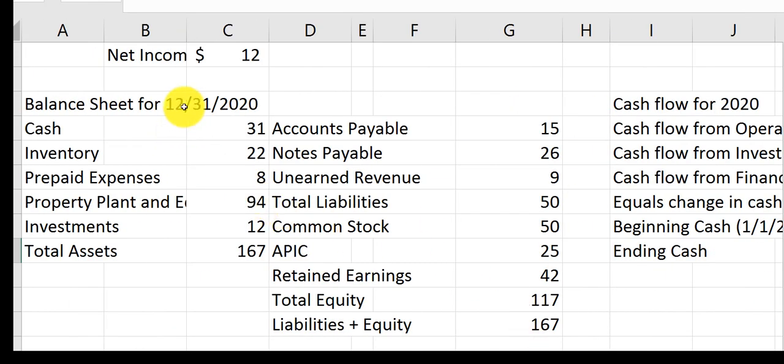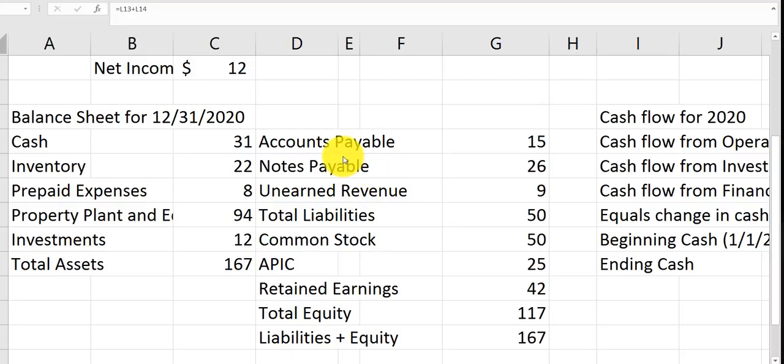Now you will notice some things that I did not include. For instance, your balance sheet should be classified between current assets and long-term assets. Your liabilities should be separated between current liabilities and long-term liabilities rather than all being together.